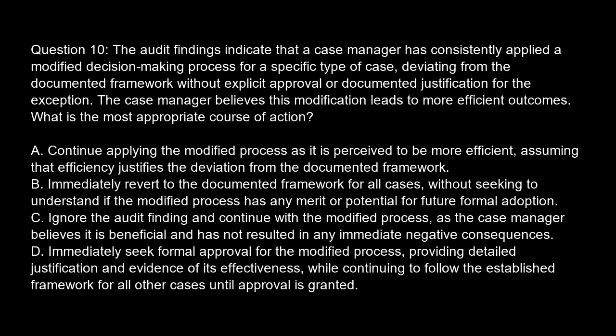Option C. Ignore the audit finding and continue with the modified process, as the case manager believes it is beneficial and has not resulted in any immediate negative consequences. Option D. Immediately seek formal approval for the modified process, providing detailed justification and evidence of its effectiveness, while continuing to follow the established framework for all other cases until approval is granted.